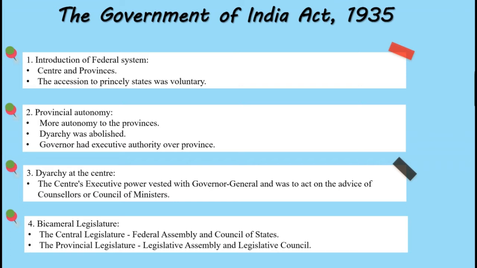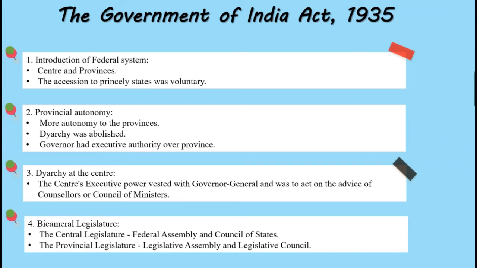Third, the Governor General had the power to issue ordinances when the legislature was not in session for the discharge of his special responsibilities. Fourth, the Governor General's prior sanction was necessary for a bill or an amendment to be introduced in the legislature.